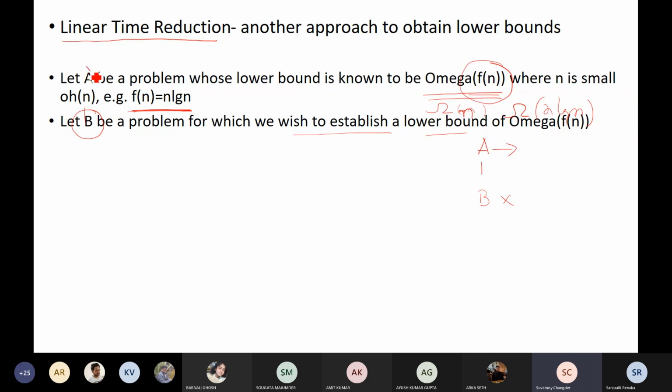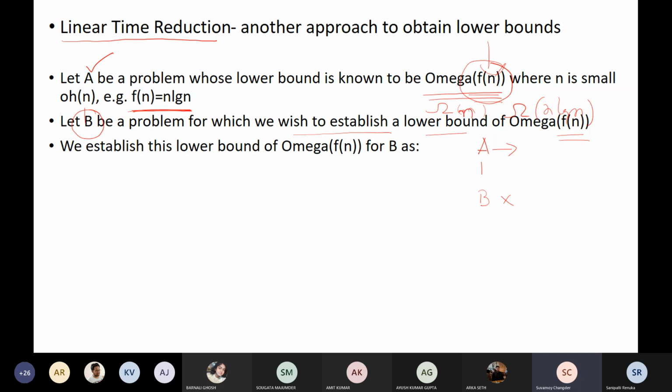So A is a given problem whose lower bound is known to us, and B is a given problem whose lower bound we will find, such that it is f of n, the function which provides the lower bound for problem A.